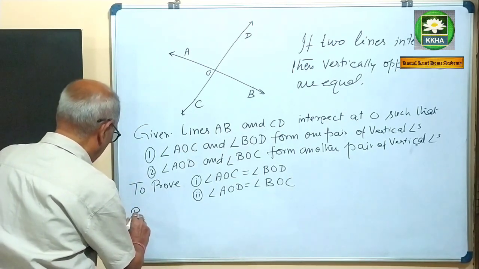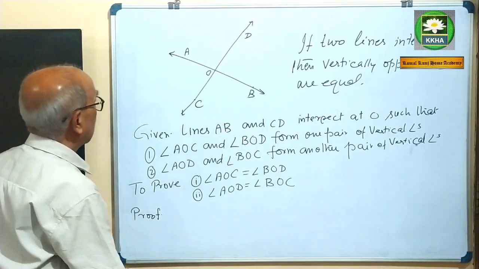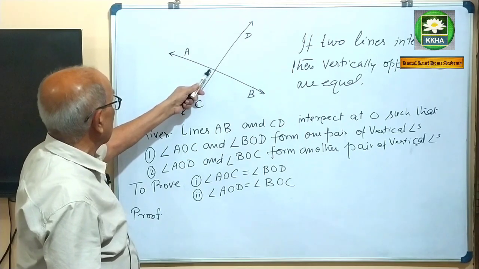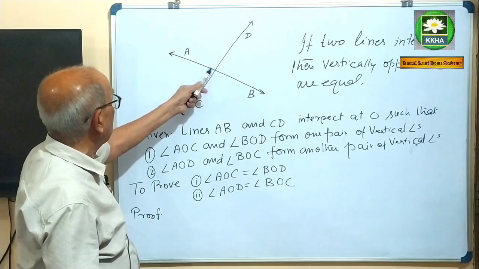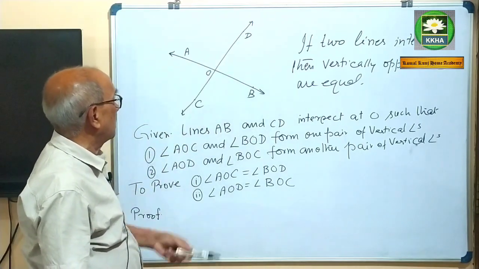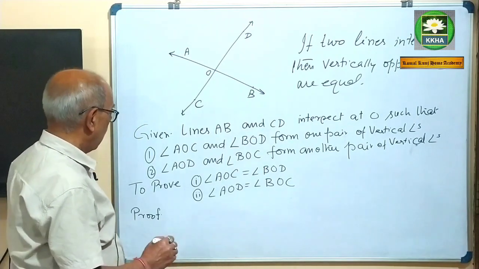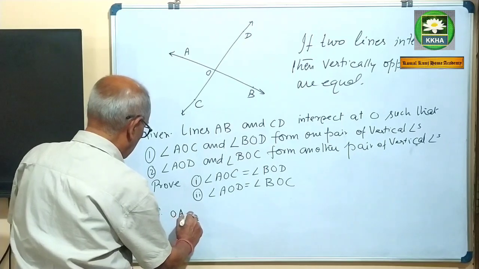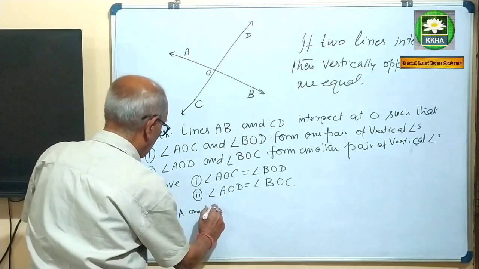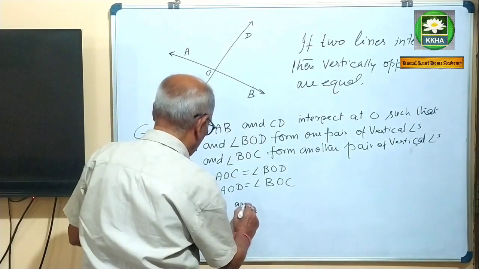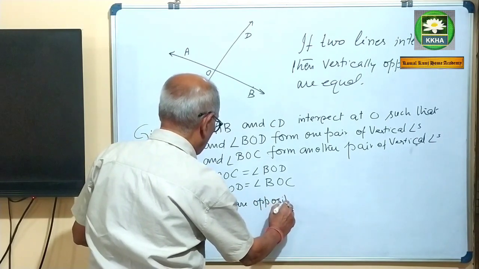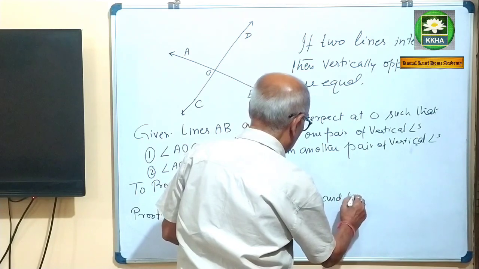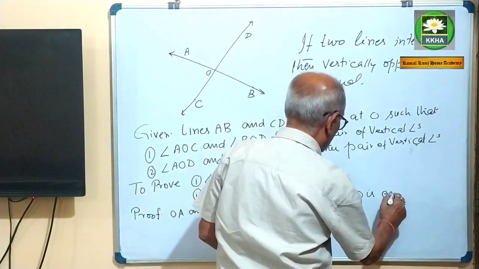Now proof. Here line AB has two opposite rays, OA and OB are opposite rays and OD is any other ray.